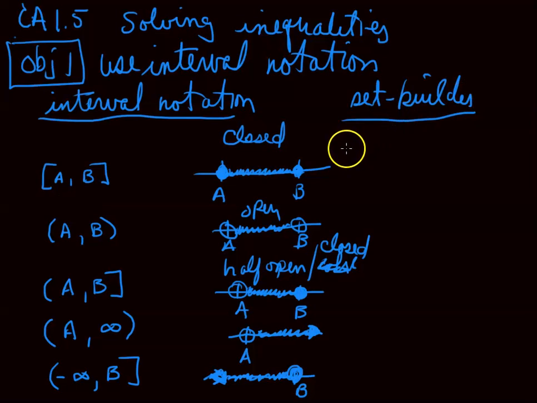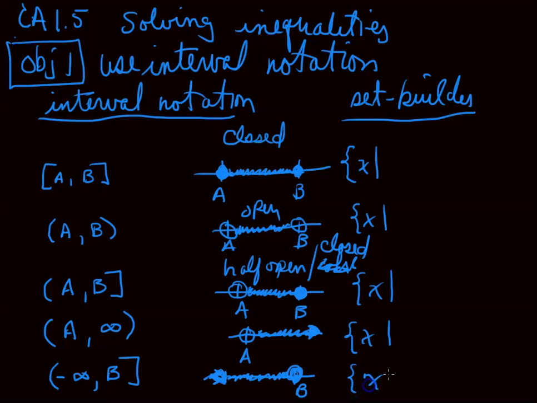What about set builder notation? All of these start out the same way: the set of all x such that. Now it could be y, it could be z, but some variable, so you know what it looks like. In our case these are just x's. Then for each of these, you need an interval using these inequalities.